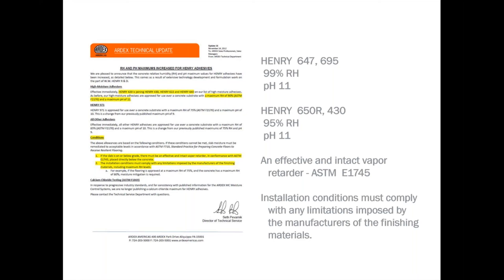So today it's 99. But you've got to have an intact vapor retarder on grade or above grade slab with no other moisture sources. And we're not going to do this over renovated concrete. We're not going to use these adhesives over a slab that's on grade and 20 years old, because if we're getting high RH with a slab that's 20 years old, that's certainly not water convenience in the concrete from when it was placed. That's some other source of moisture.